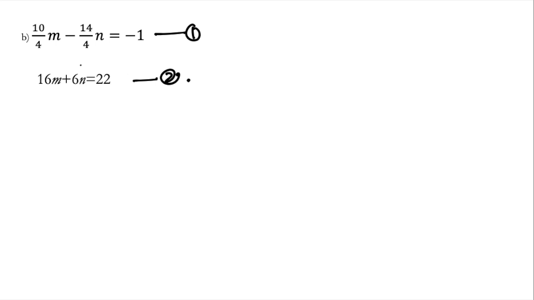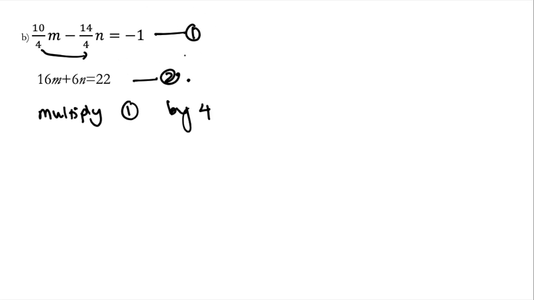Okay, so what we can do, we try to omit the fraction. The denominator for both of them here is 4, so it's a bit easier to omit that fraction. How do we omit it? Multiply expression 1 by 4.